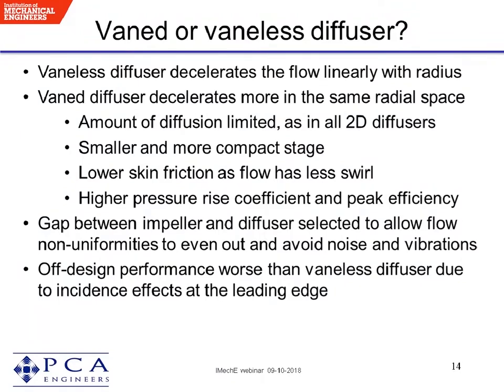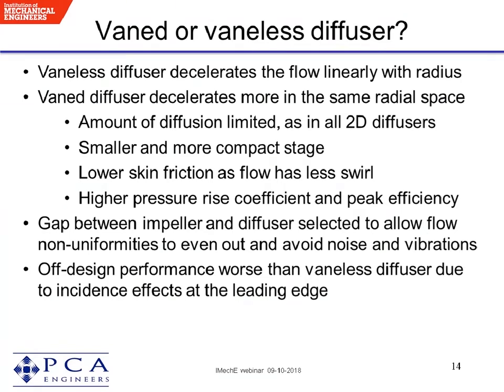So you can have a more compact stage, and you get a high pressure rise coefficient and a better peak efficiency. The vane diffuser has to be designed well, taking into account any flow non-uniformities at the impeller outlet to avoid noise and vibrations.